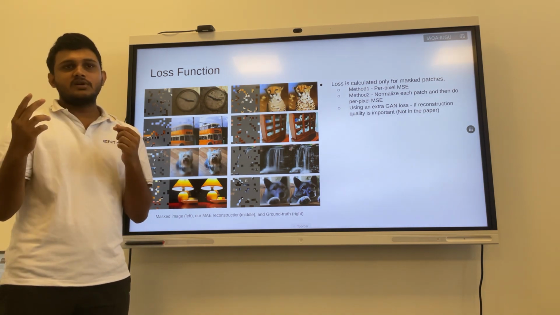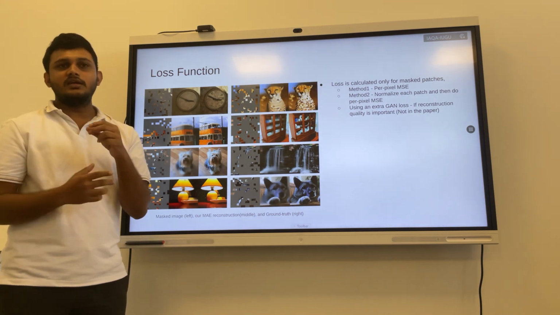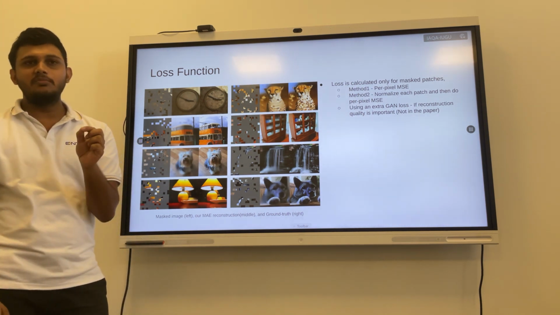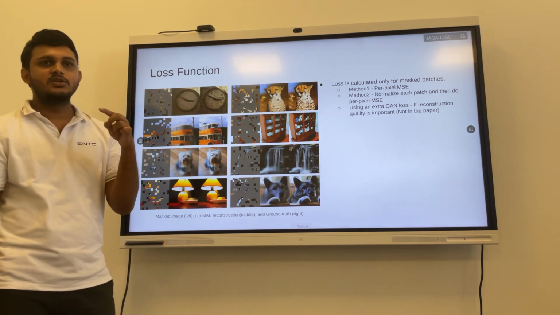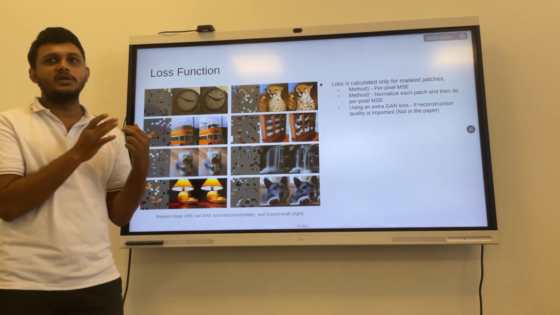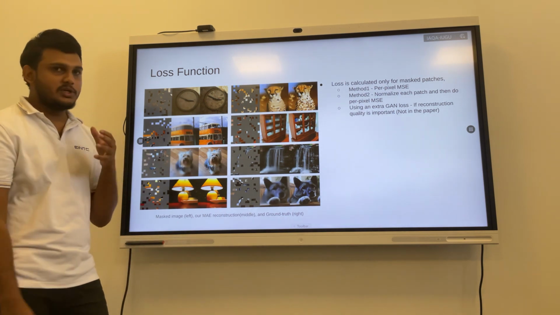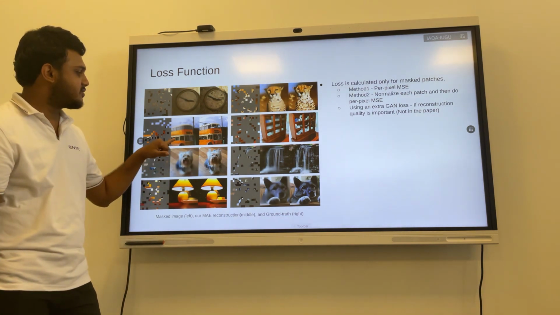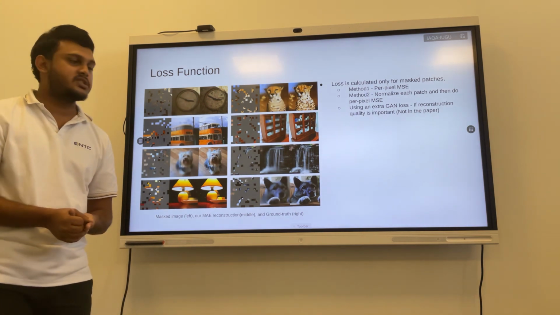So think of the number of combinations there, but that's also not that big. But in vision, a single pixel means nothing, right? We need to see a neighborhood of pixels. So now think of the number of combinations of things which can happen. Due to that reason also, we cannot expect an extremely good reconstruction in vision, right?